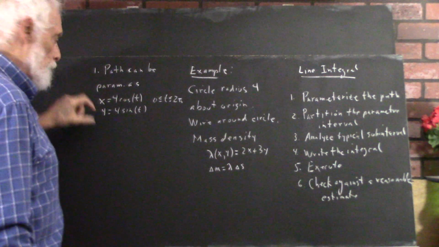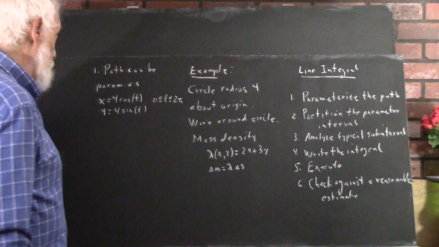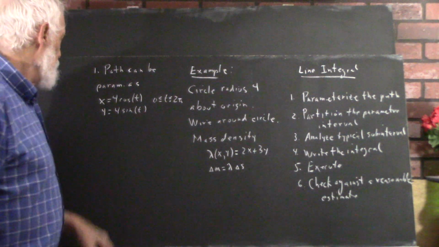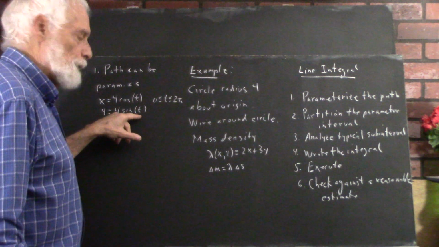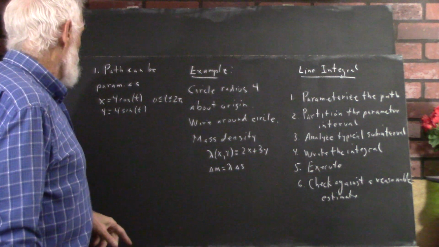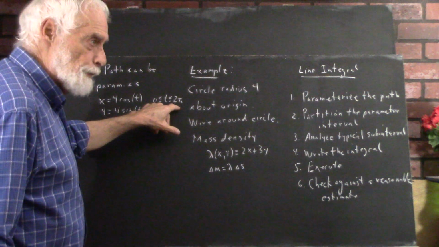Now we should totally understand this, and I believe you do. So there's one way of parameterizing the interval. Now, I could parameterize the interval as 4 cosine of the square root of t, 4 sine of the square root of t, with t going from 0 to 4 pi squared. Or I could use t squared here, so that t would go from 0 to the square root of 2 pi.